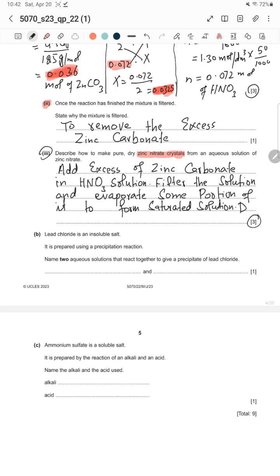Then finally dry the crystals in several folds of the filter paper.